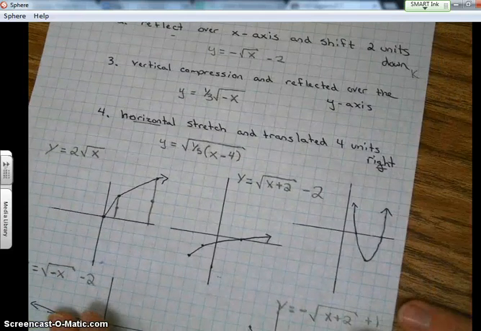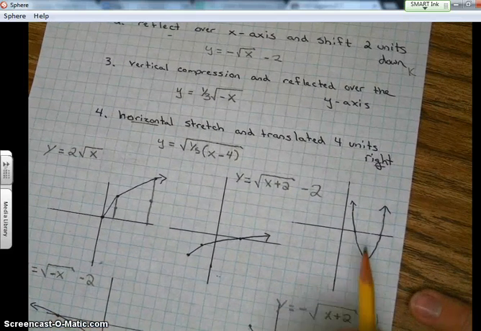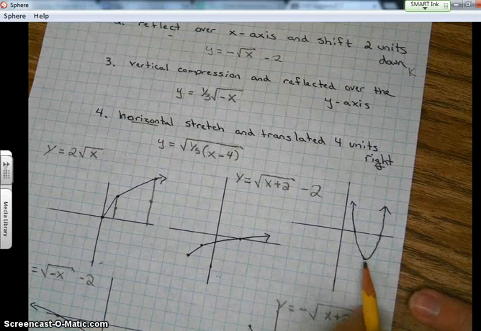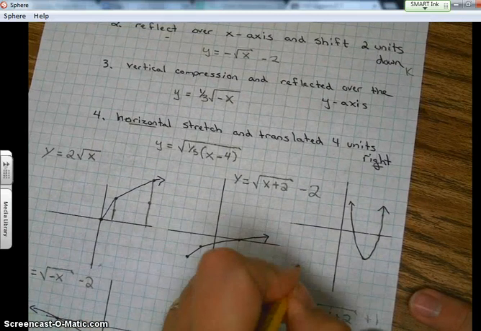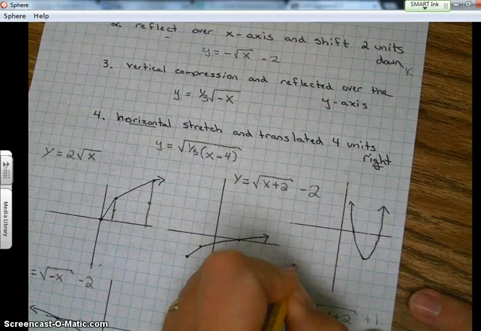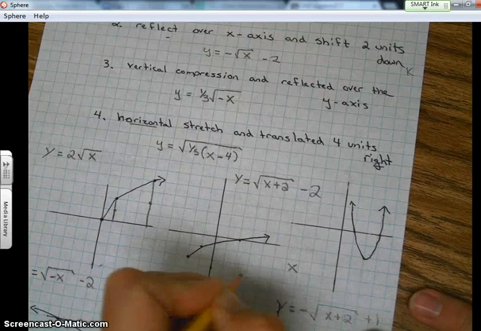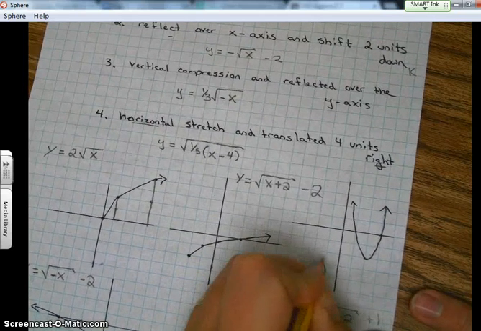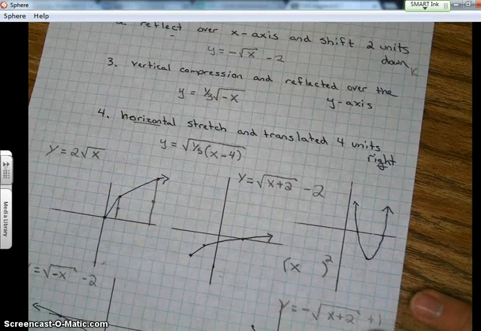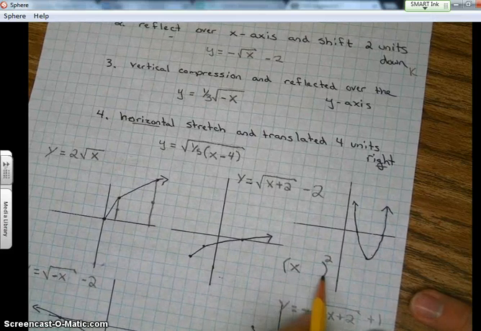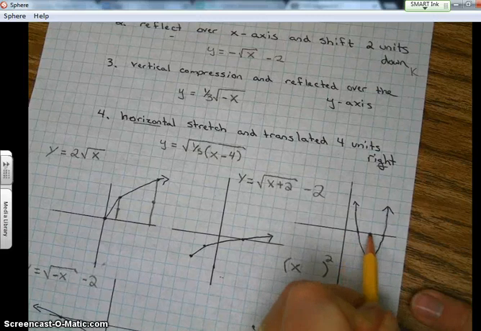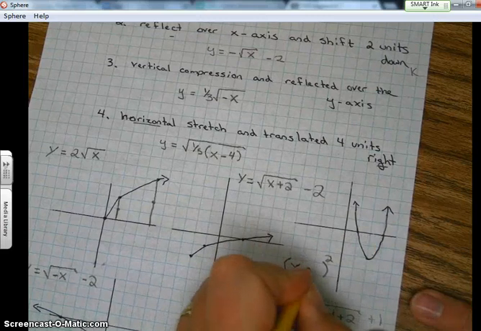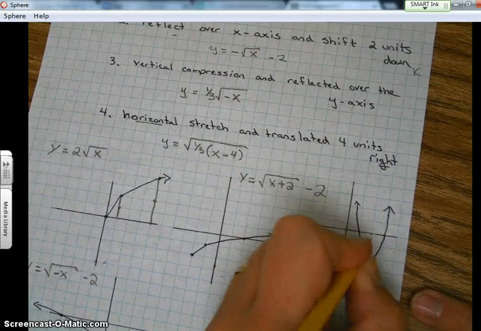Okay, so now don't be confused. We've already learned about these. This is a quadratic. So writing the equation for this one, we start off with our x, and we have squared. Now the reason I put it in parentheses is because we have a translation. 2 units to the right, 2 units down.